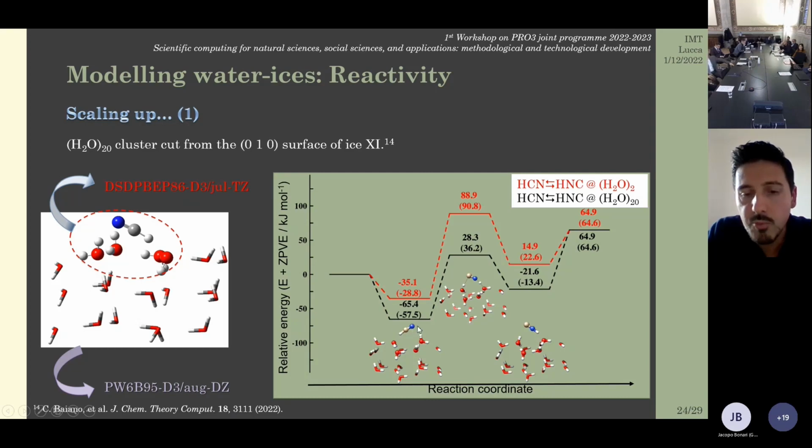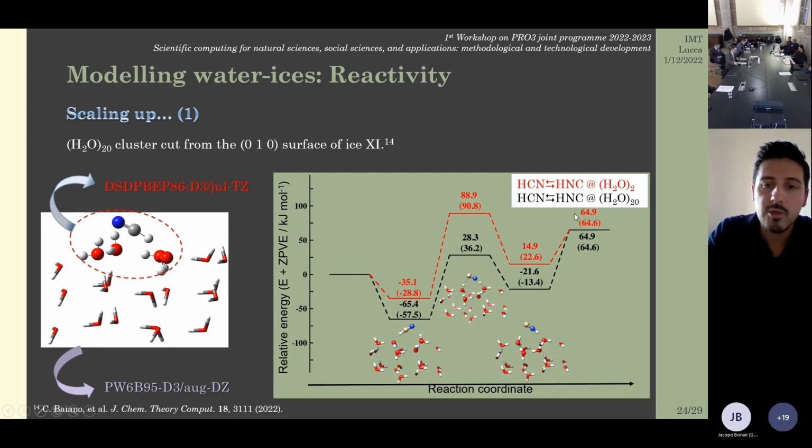We can see that all the species are stabilized by the presence of the 20 water molecule cluster, but what is most important is the reduction in the energy of the transition state, meaning that on the cluster we have a lower reaction barrier, and therefore the cluster actually behaves as a catalytic surface.